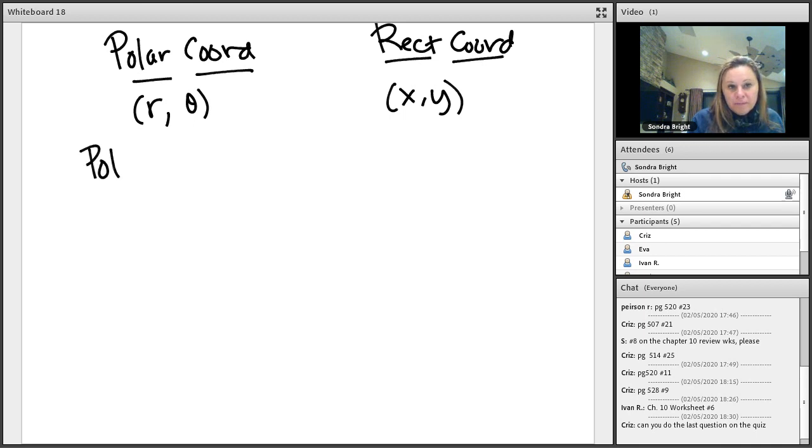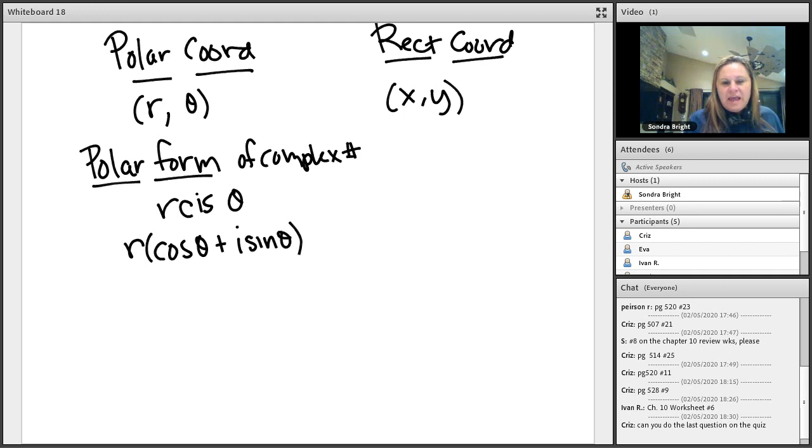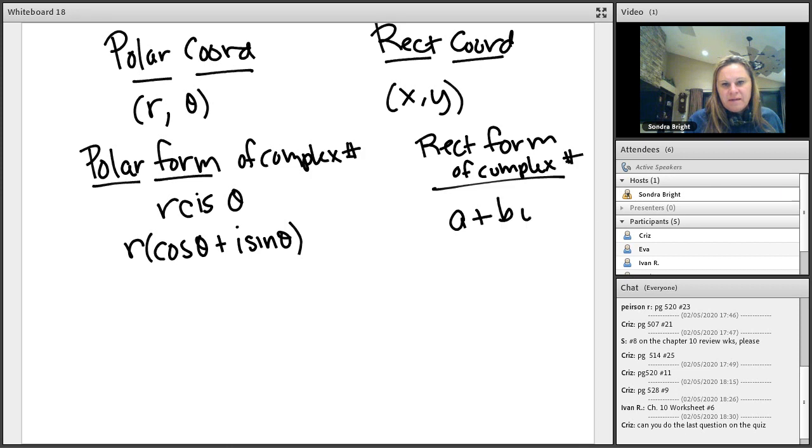Polar form of a complex number is r cis theta, which really truly means r times cosine of theta plus i times sine of theta, right? And then rectangular form of a complex number means that it'll be a plus bi.